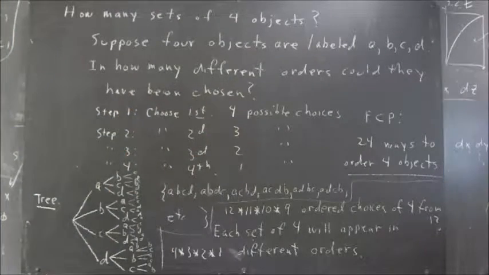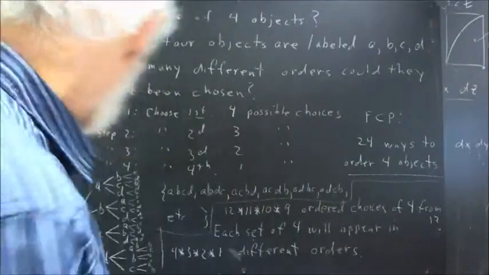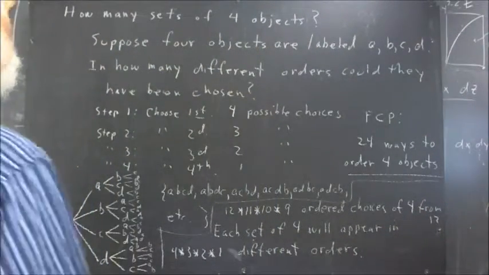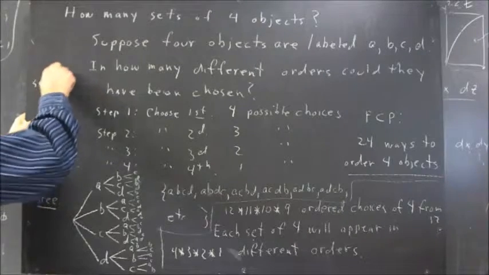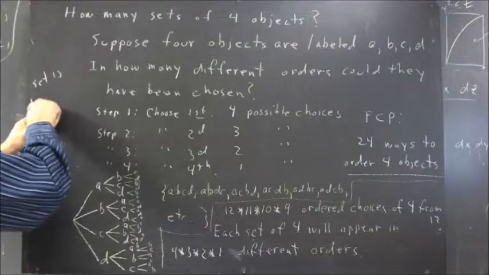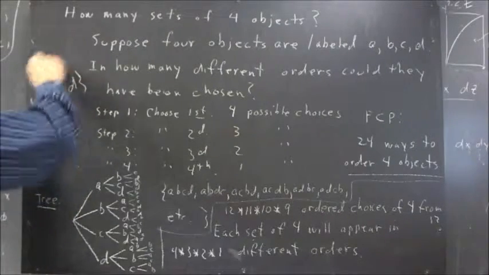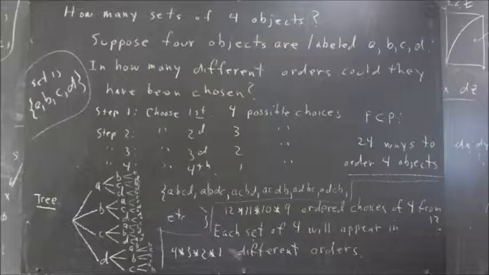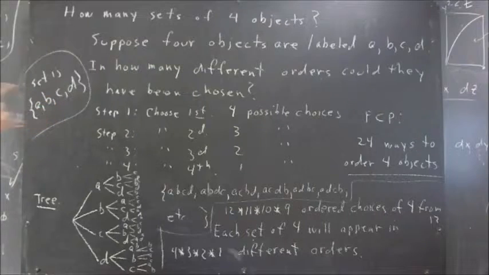Now, if the objects are A, B, C, and D, then the set is the set A, B, C, D. In set notation, the set is written in brackets A, B, C, D. And again, the order in which these things are listed in the set doesn't matter.